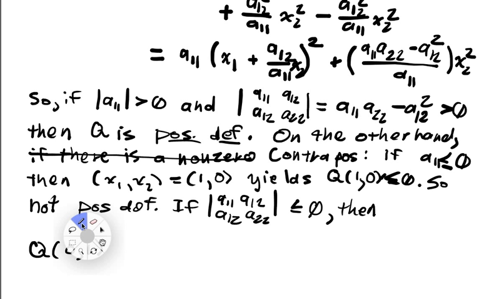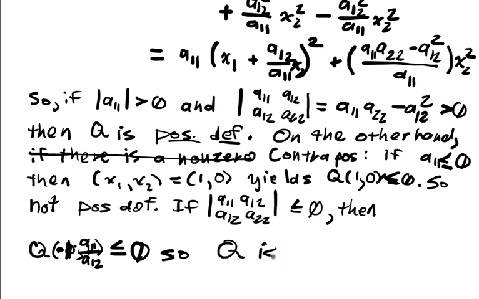So what we really want to plug in here is, say, 1 and negative a11 over a12. So we're already assuming that a12 is not 0. Well, this is, of course, a non-zero vector, but when we plug it in, we'll get 0 here. We get a non-zero value over here, but this is negative or equal to 0, so this guy will have to be less than or equal to 0. So Q is not positive definite. And that completes the proof.